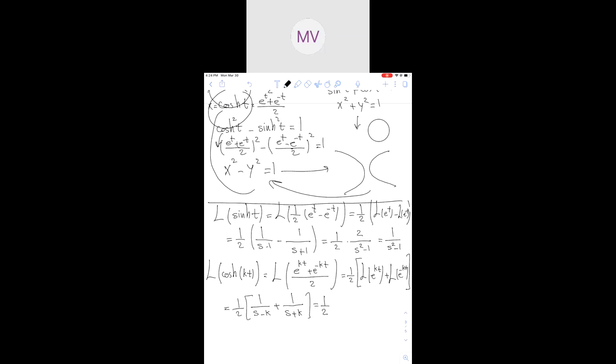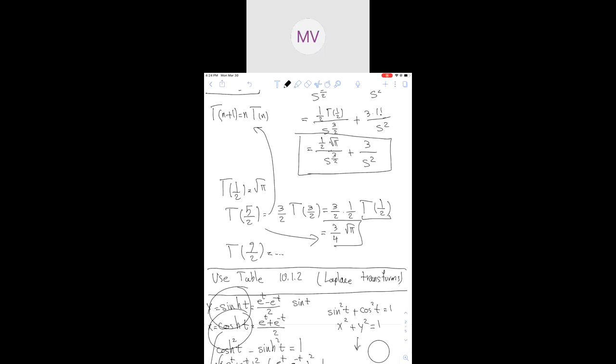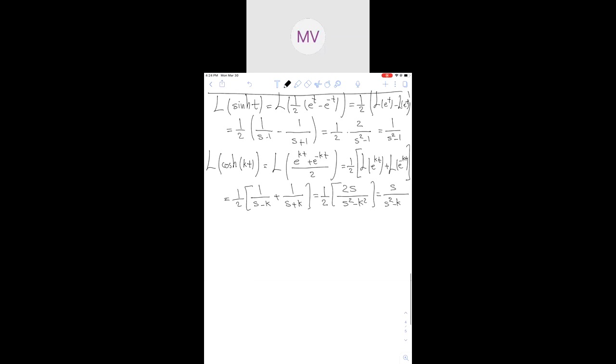So it's half, again, algebra, and if you do it, you see it's going to be 2s over s squared minus k squared. 2 cancels, so you have s over s squared minus k squared. I mean, up there we proved it for, basically we did sine hyperbolic when k is 1, but it's a very simple process to figure out that sine hyperbolic of kt will be k over s squared minus k squared.